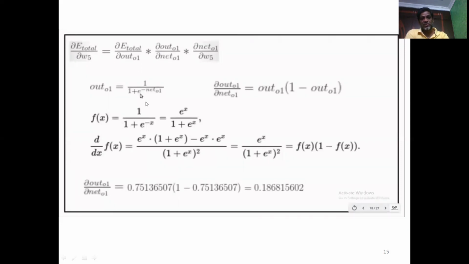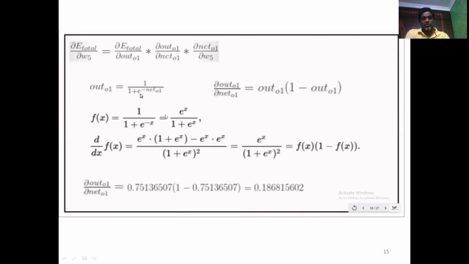Therefore, since in place of x we have net O1 here, the formula is going to be out O1 into 1 minus out O1. So in place of dou out O1 by dou net O1, we are deriving out O1 here. So the f of x is now out O1.